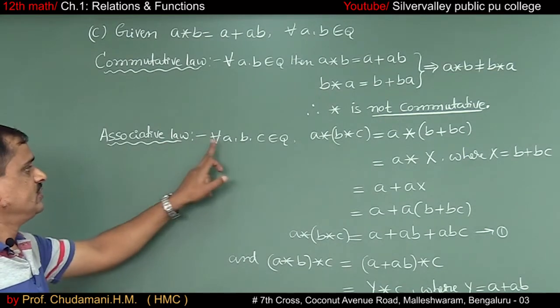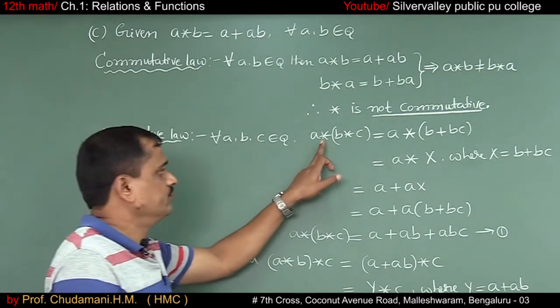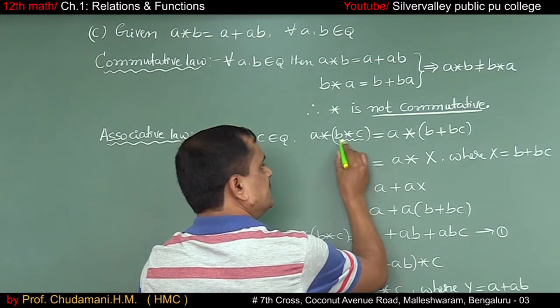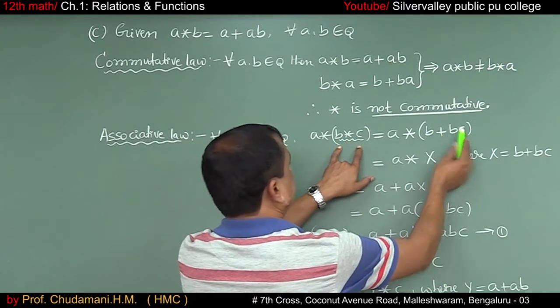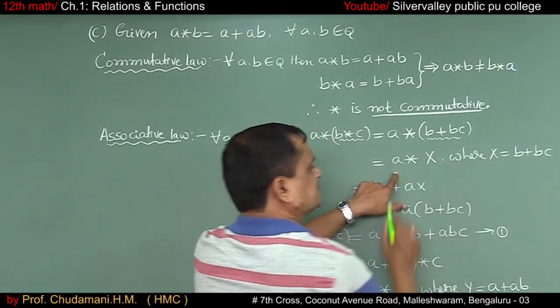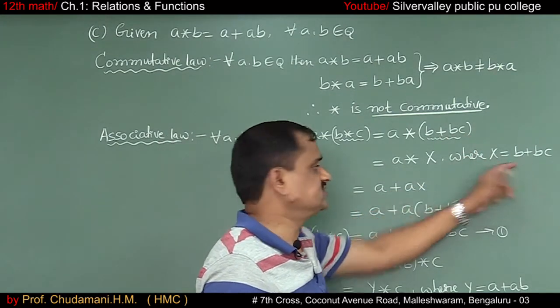Associative law. For all A comma B comma C belongs to the set Q, A star (B star C), that is B star C is nothing but B plus BC. So let me denote this as some X. A star X, where X is equal to B plus BC.